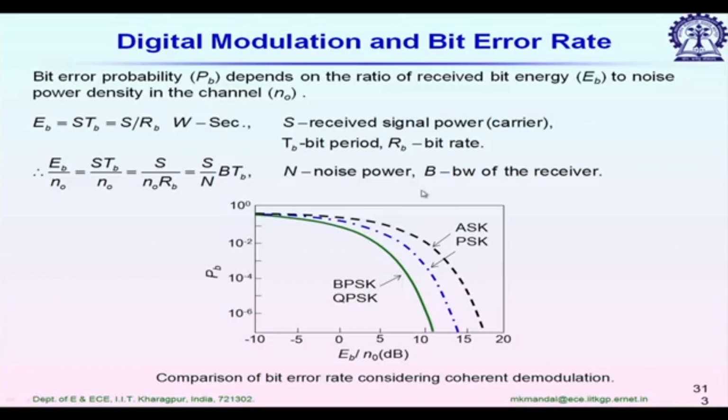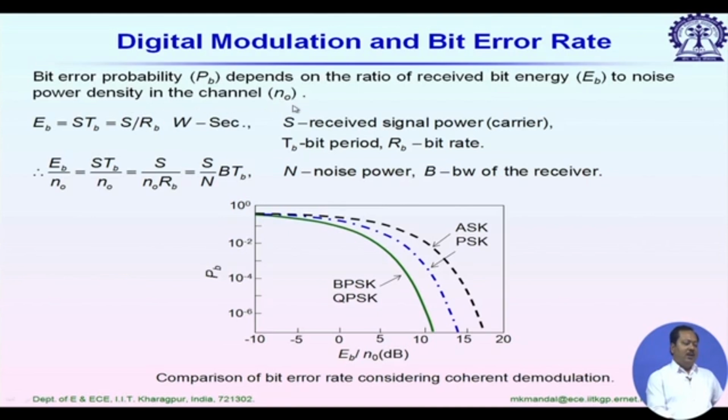Now, let us see how the bit error rate varies with the signal to noise ratio of any bit. So, bit error probability depends on the ratio of received bit energy, represented by Eb, to the noise power density in the channel, which is N0.